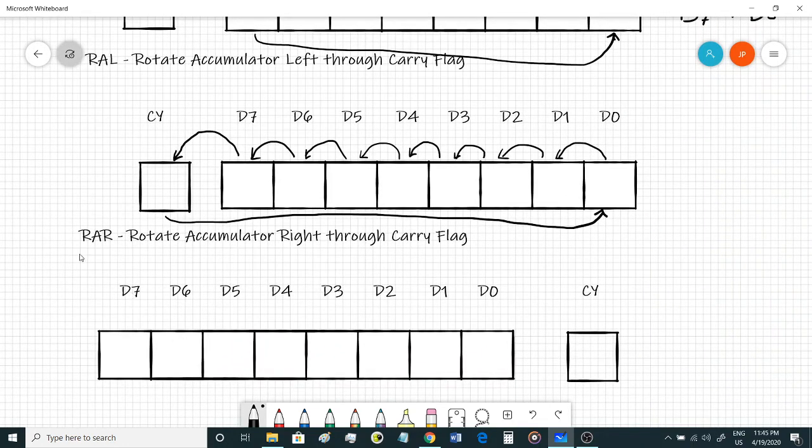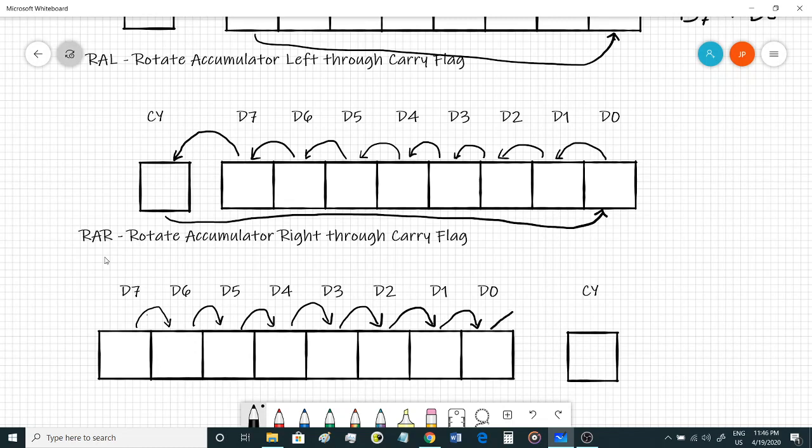A very similar instruction is rotate accumulator right through the carry flag, the RAR instruction. So here you are rotating the data right through the carry flag. Whatever data is there in D7 goes to D6, D6 goes to D5, D5 goes to D4, D4 goes to D3, D3 data goes to D2, D2 data goes to D1, and D1 data goes to D0.